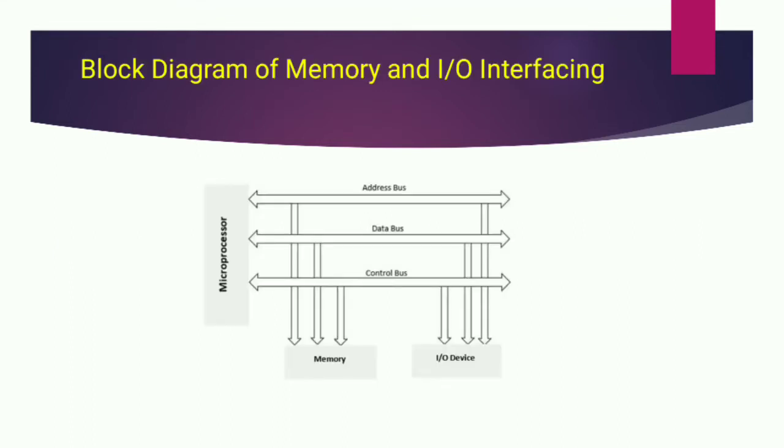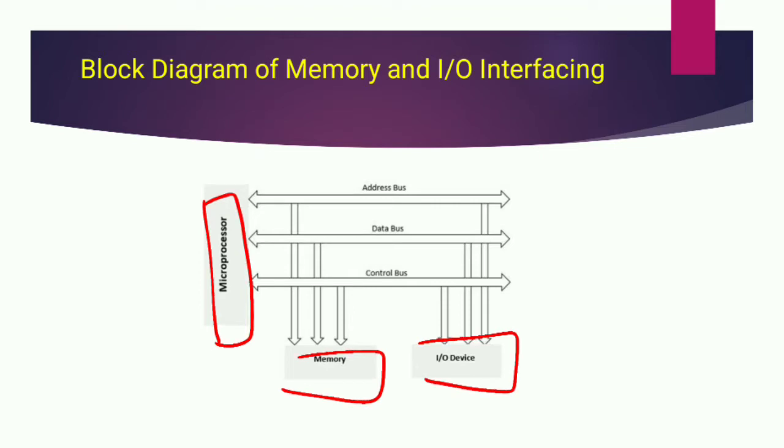This is the block diagram for memory and IO interfacing. Here the microprocessor is interfaced with the memory as well as the IO device through the buses: address bus, data bus and control bus.